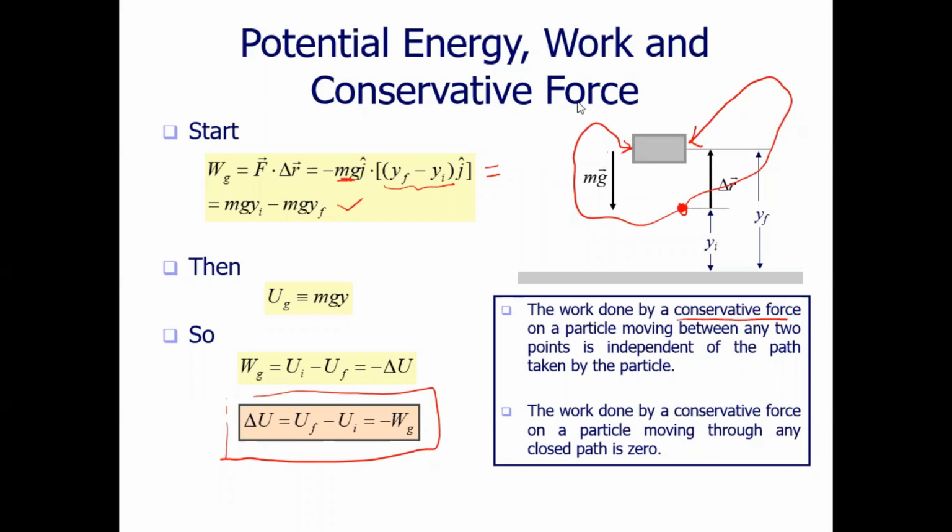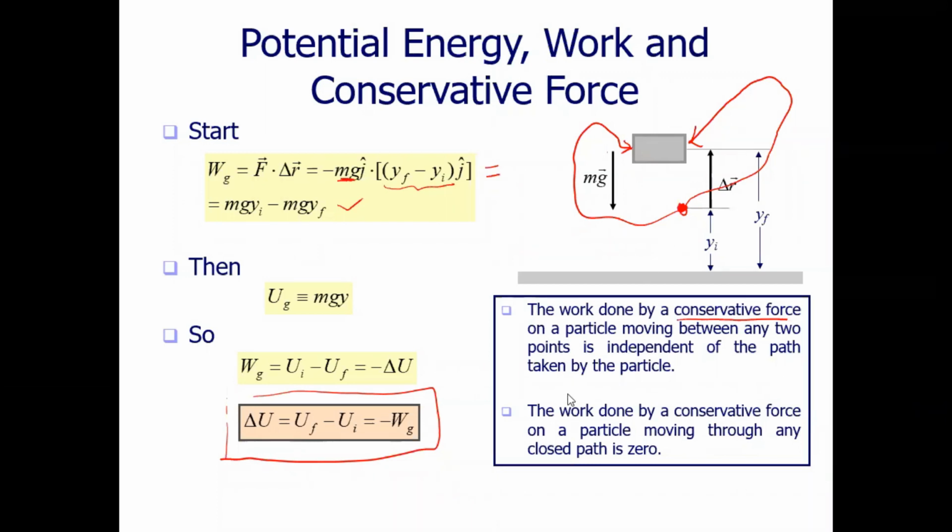So a conservative force by definition is a force where the work that is done by it does not depend on the path that is taken. All right, the other point that we can note is that the work done by a conservative force, you know, gravitational force is one of the conservative forces, actually.